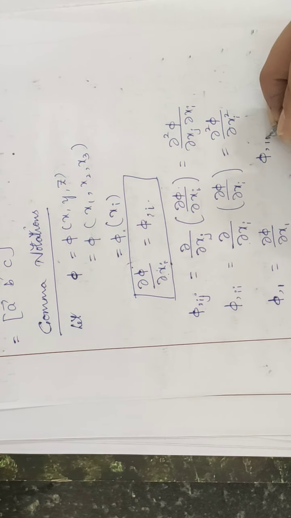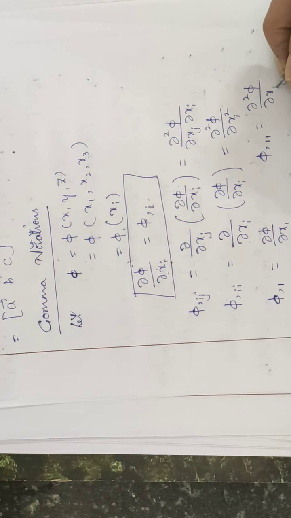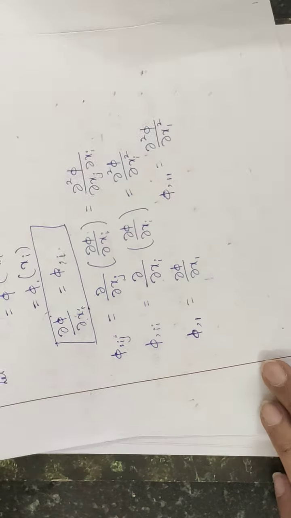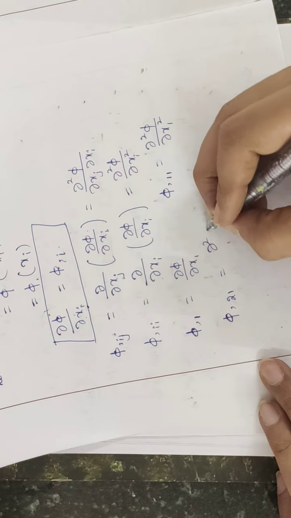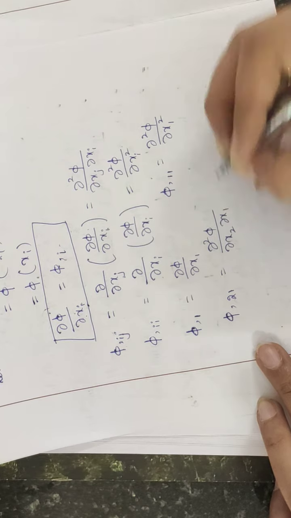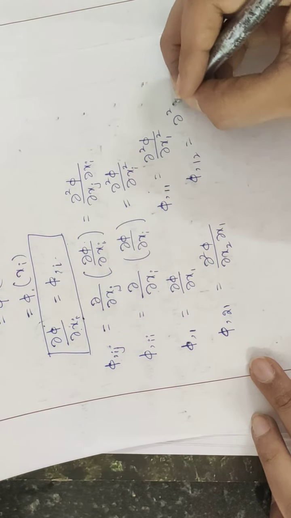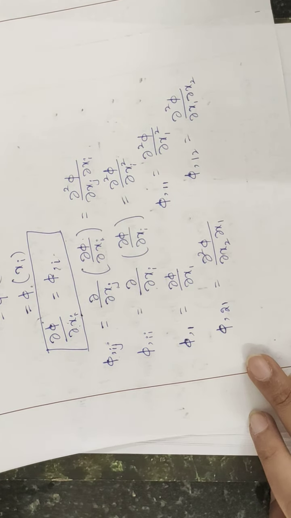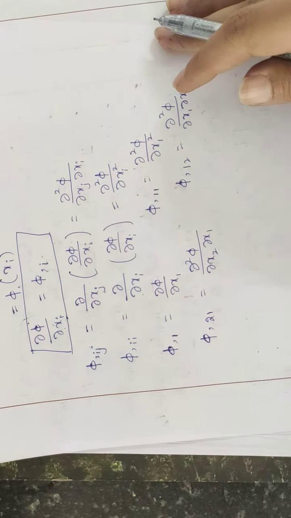Phi comma 1 1 means dou square phi by dou x1 square. Similarly, phi comma 2 1 is nothing but dou square phi by dou x2 dou x1. Phi comma 1 2 is dou square phi by dou x1 dou x2. Okay, so this is about comma notation.